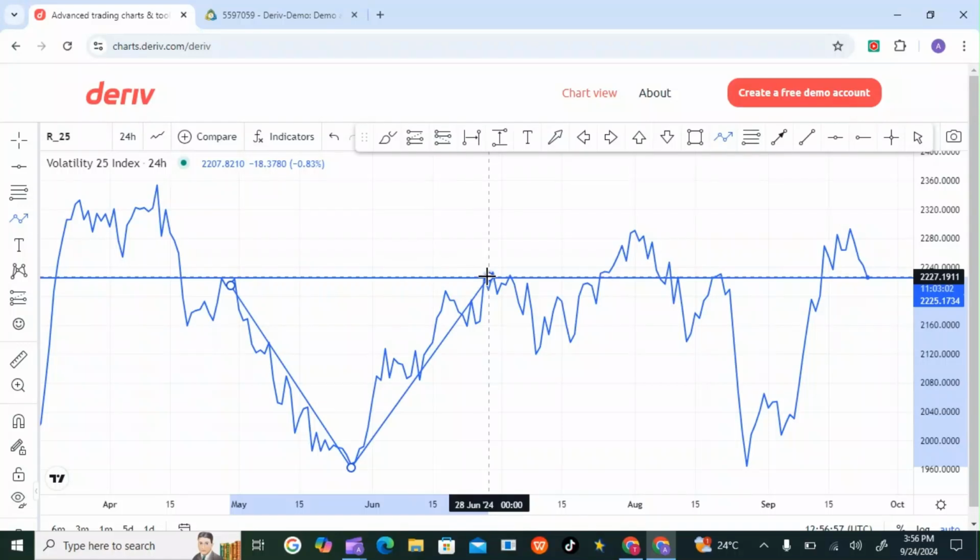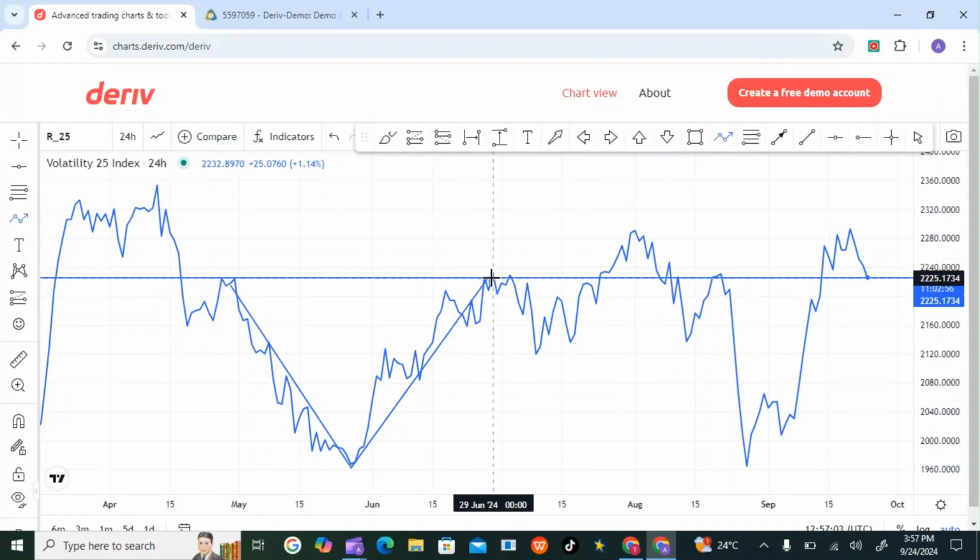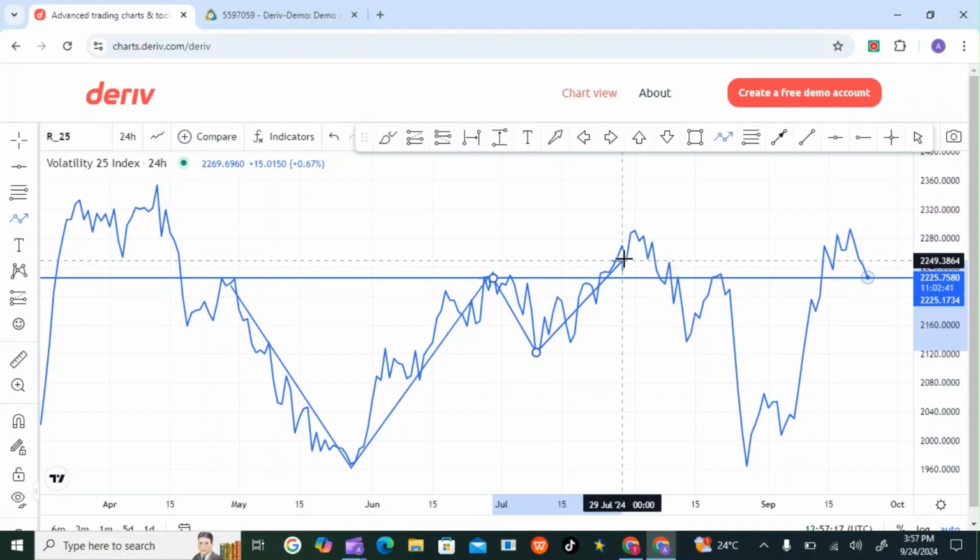Immediately the market would react to this point and maybe change direction. After reaching there, you can see it changed direction and then later went up again, came across the same resistance zone and broke it.